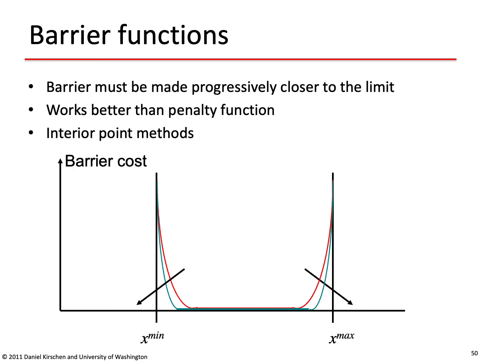But as we get closer to the optimum, we want to make these barrier functions closer to the limit. It turns out that barrier functions work much better than penalty functions, and they lead to what's called the interior point methods that are heavily used in power system optimization.